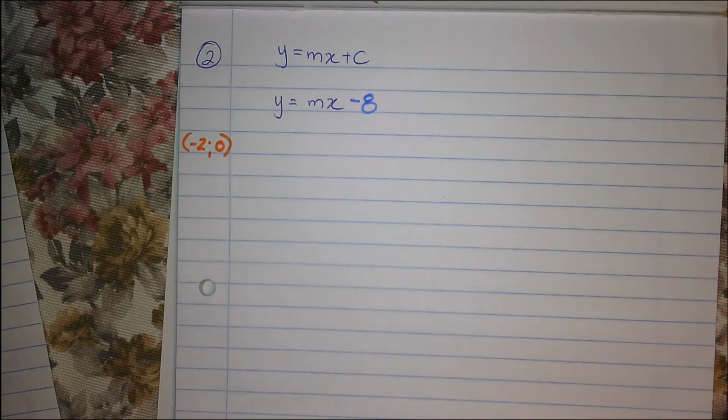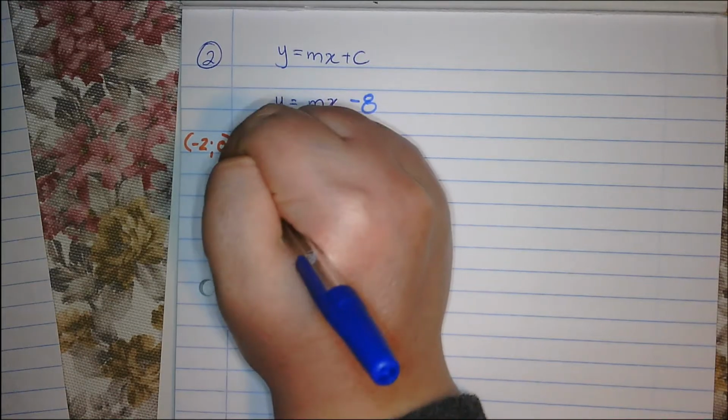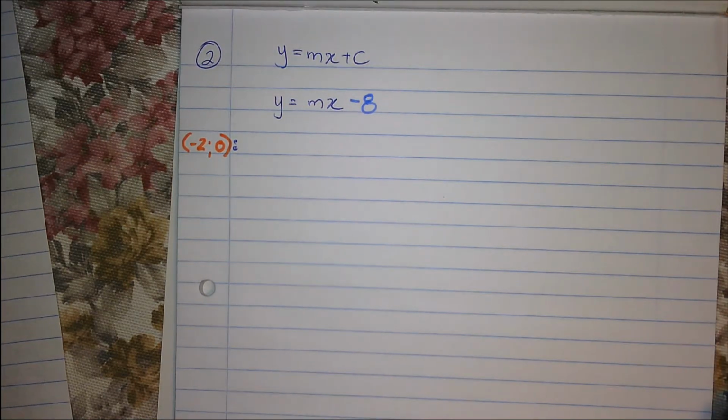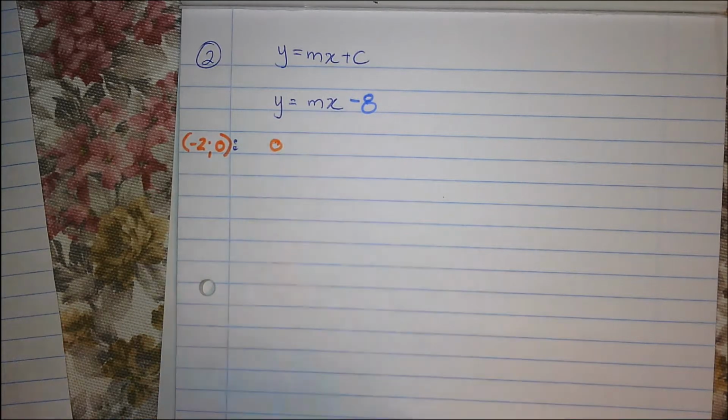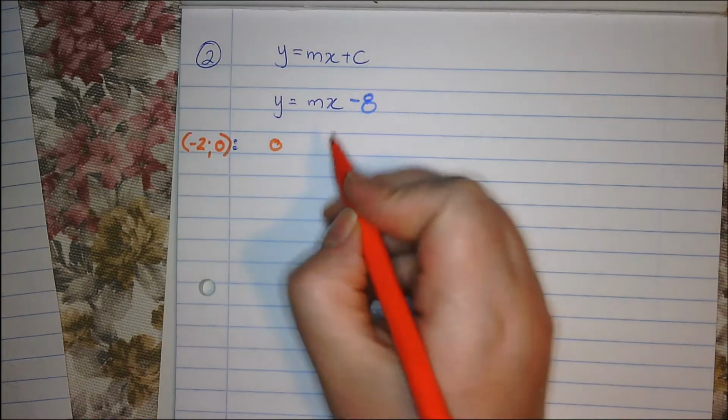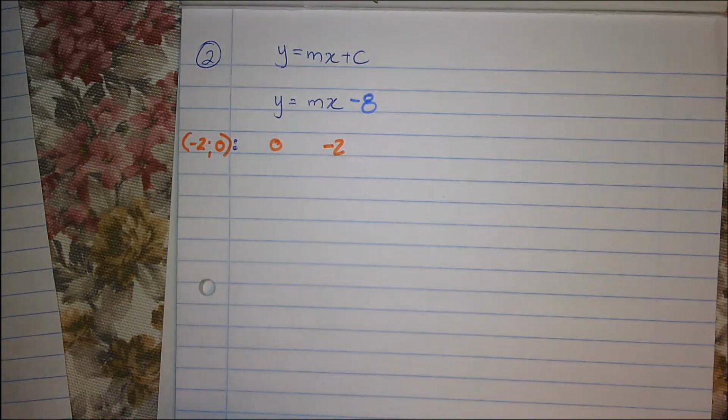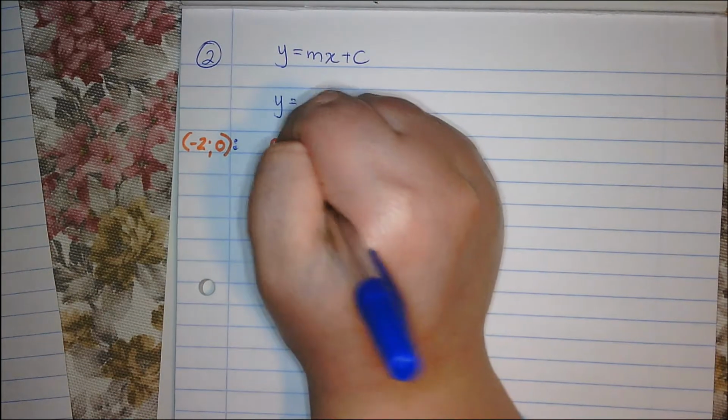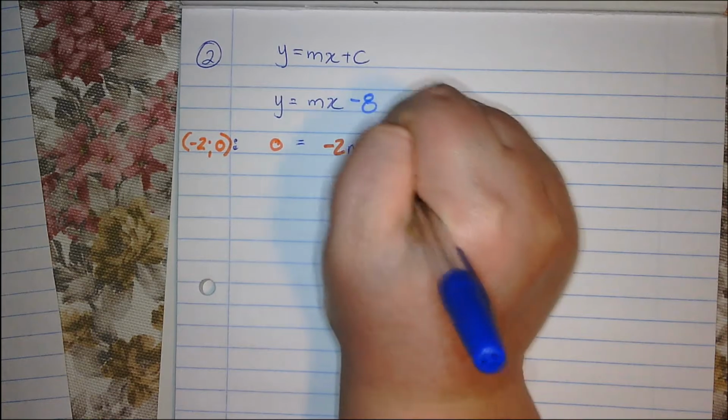You don't have to write that part, but I do find that it makes it easier to go through it again later. So in the place of y we have 0, and in the place of x we have negative 2. So that gives me 0 equal to negative 2m minus 8.